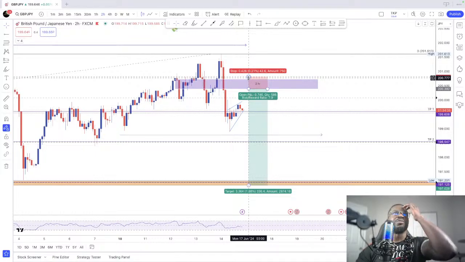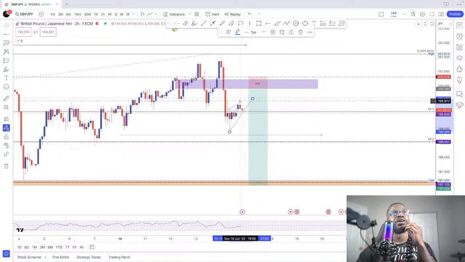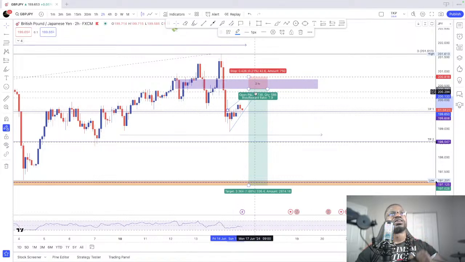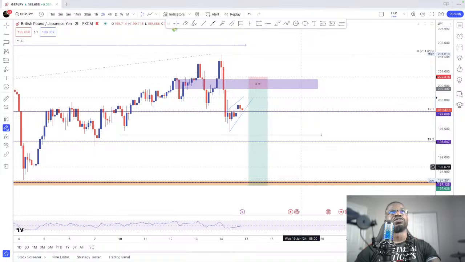This 15-minute zone looks like one of those cases where you could possibly get wicked out of your trade setup, maybe having your stop loss too close, and then the trade goes against you. So that's why I took the 2 hour versus the 15-minute, so we can get a safer trade. And the risk reward ratio is still pretty good.